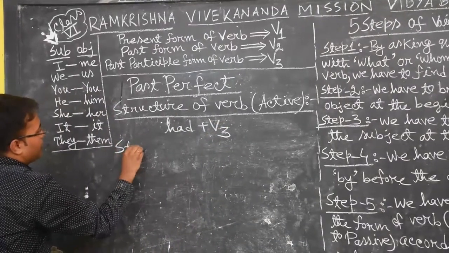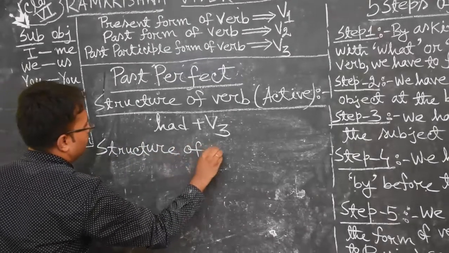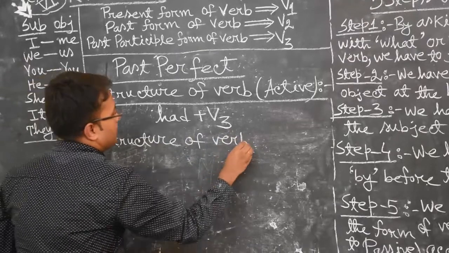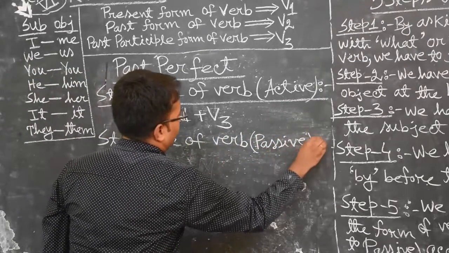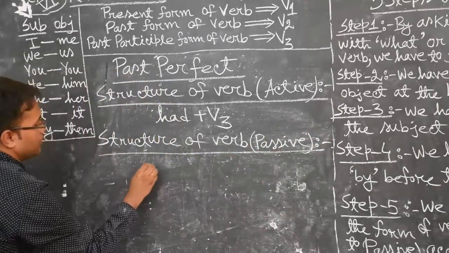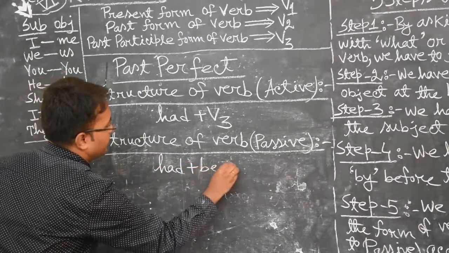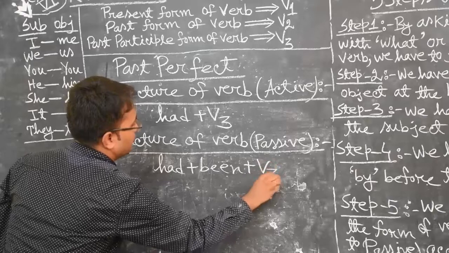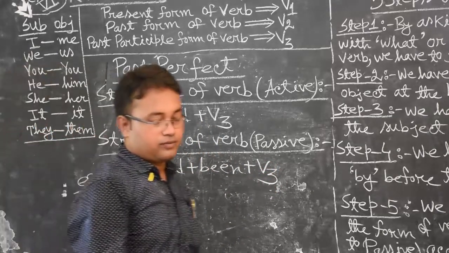Then the structure of verb passive is had plus been plus V3. Let's take an example from your book.